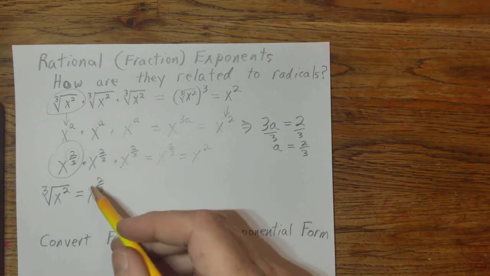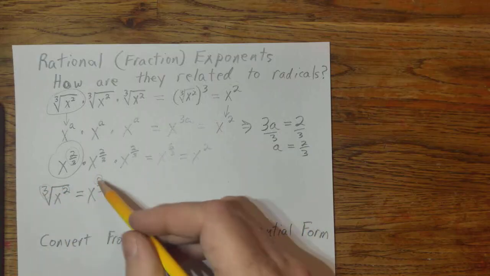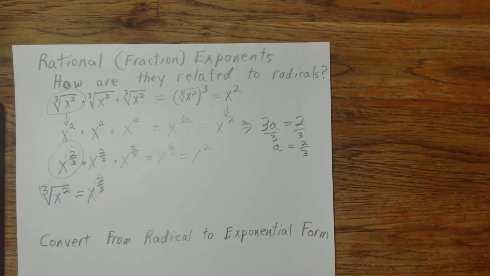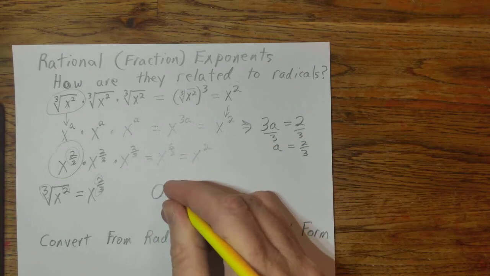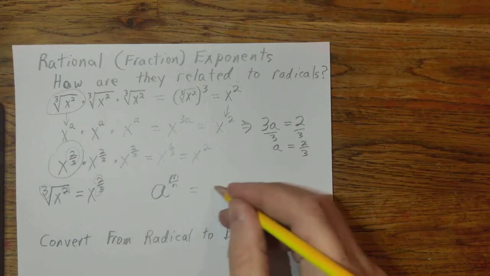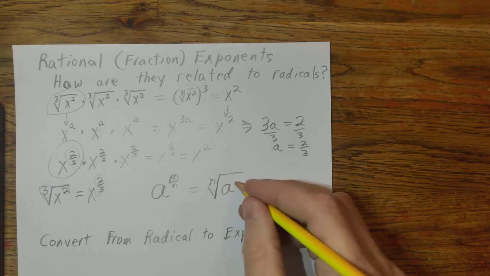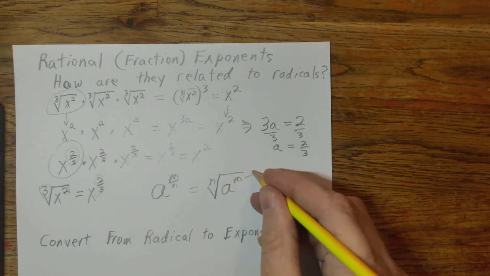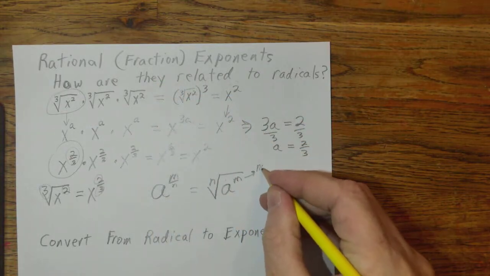And so what we have, if you'll notice, is that the power there and the power there are the same, and the index here and the denominator there are the same. So in general, a to the power of m over n, if I have this fraction, is equal to the nth root of a to the m. Now this, in our rational exponent, would be the numerator.